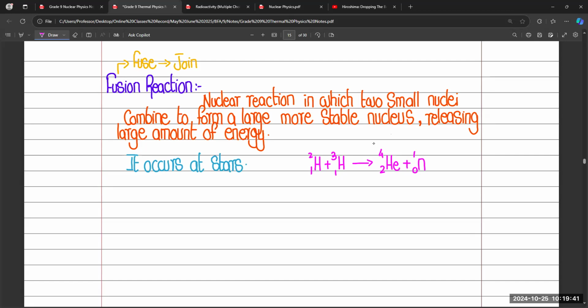So basically, we have two isotopes of hydrogen. After adding up these two isotopes of hydrogen, in the final result we are getting helium and neutron.